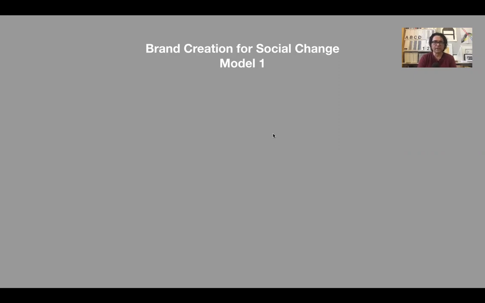So one model to look at is the fact that an advocate or an organization that's on a mission to advocate for change, and any kind of social mission, can be considered a brand. So yes, the Salvation Army or Greenpeace or Charity Water, these are all brands in themselves.